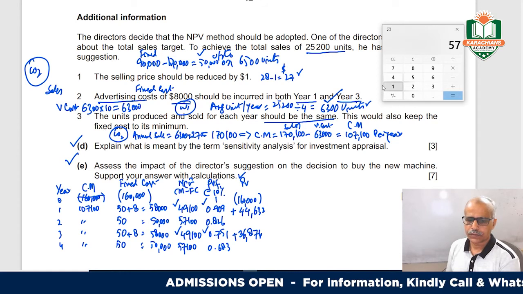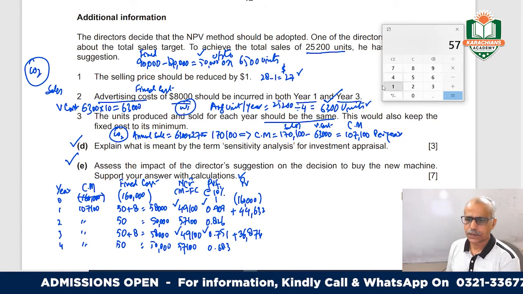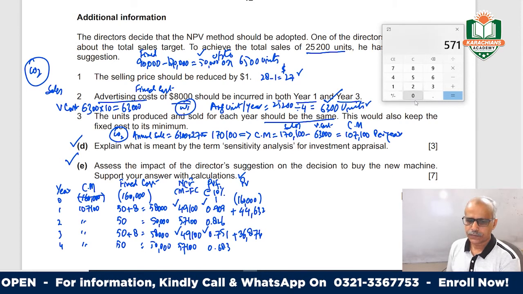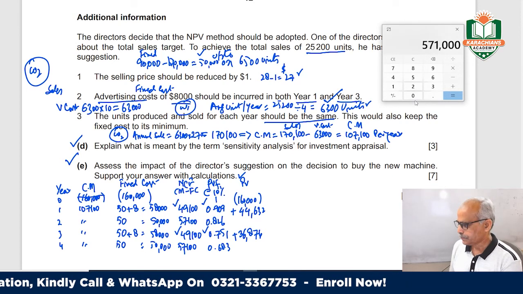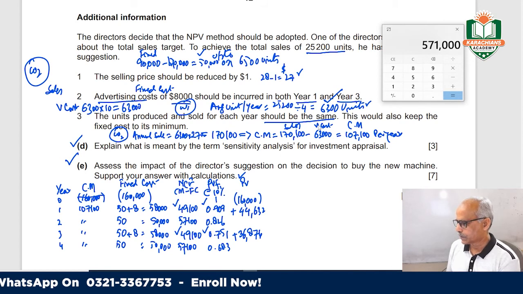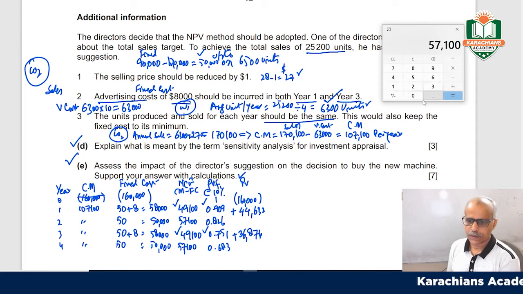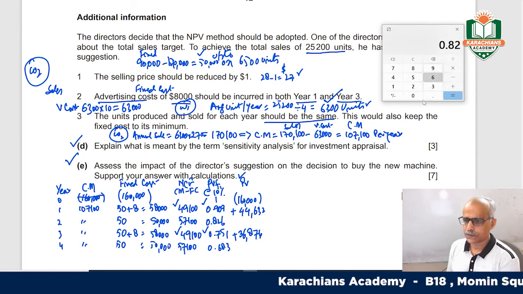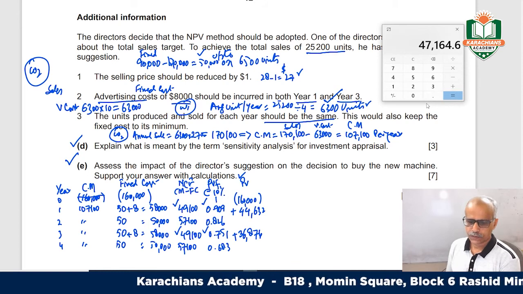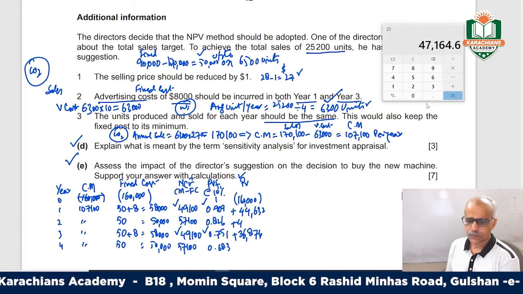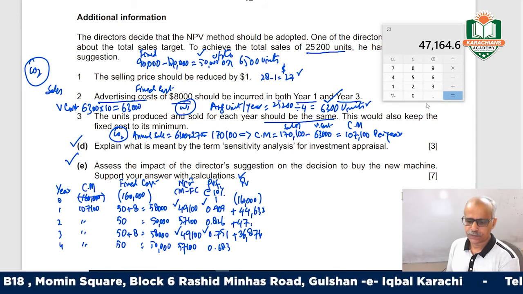Then 57,100 in both year 2 and 3. So 57,100 in both the years, multiplied by 0.826. So this will be 47,165 present value.